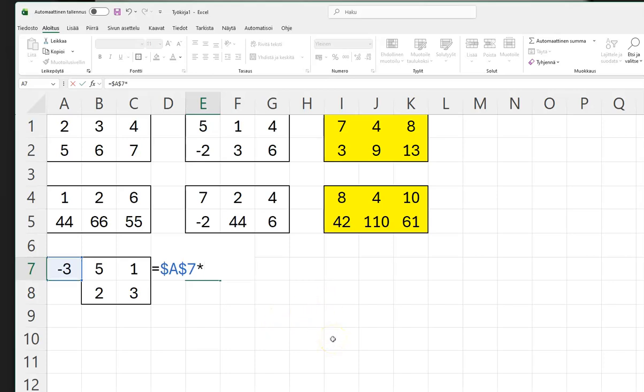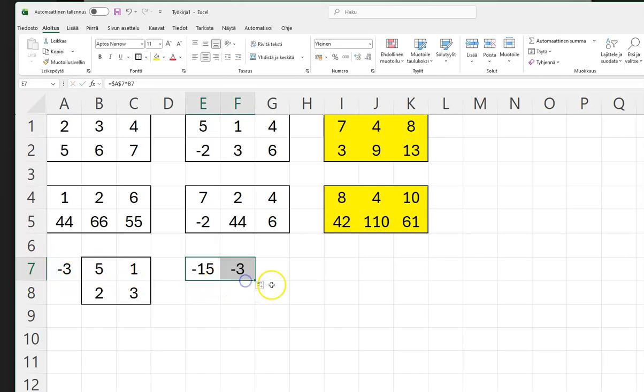And then I multiply that with number 5 there, and that B7 I'm not going to lock. That can be like that. So this is okay. And now, because I have locked the number -3 there, it will always use the A7 cell here. Then I copy this to the right and down.